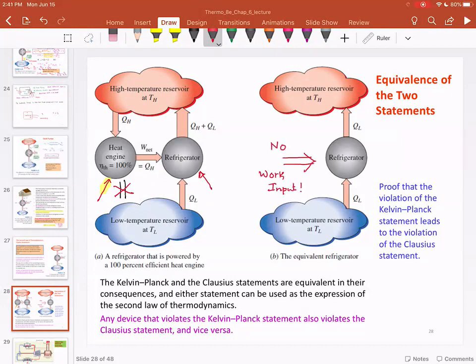So this is a clear violation of the Clausius statement, and that tells me that if you violate the Kelvin-Planck statement, the Clausius statement automatically gets violated.